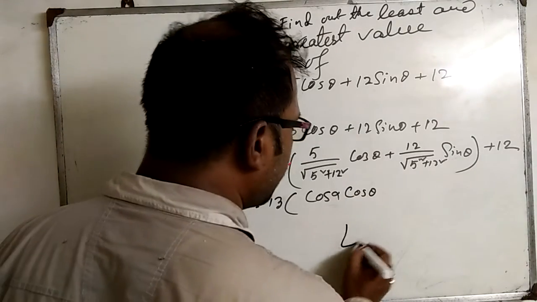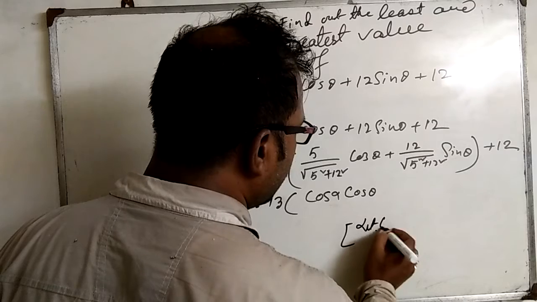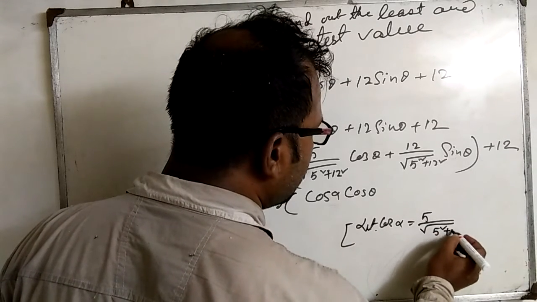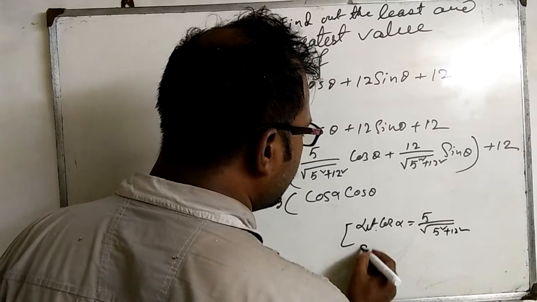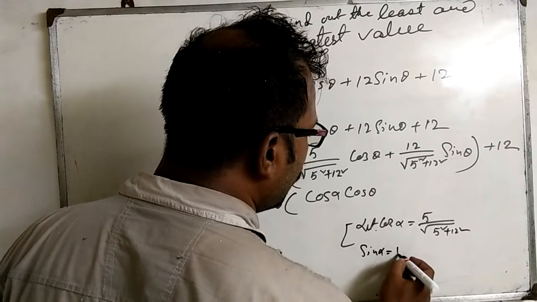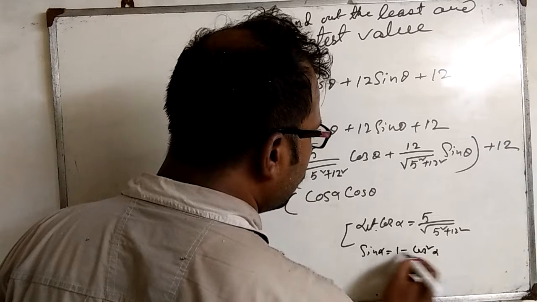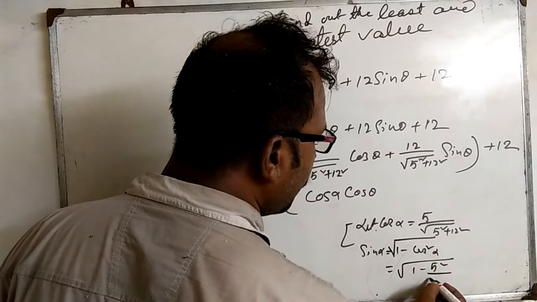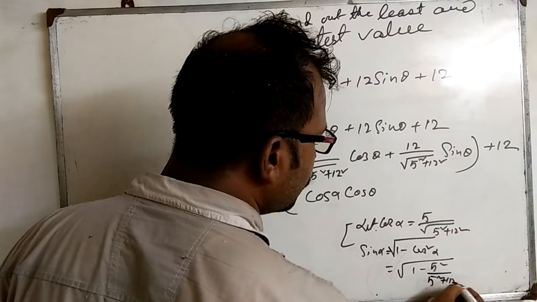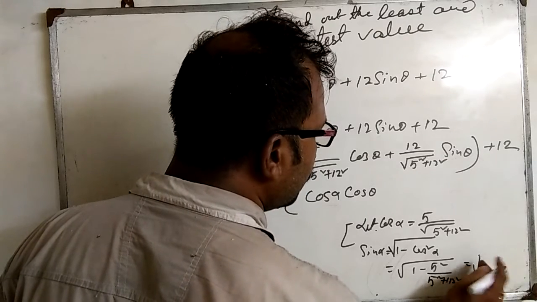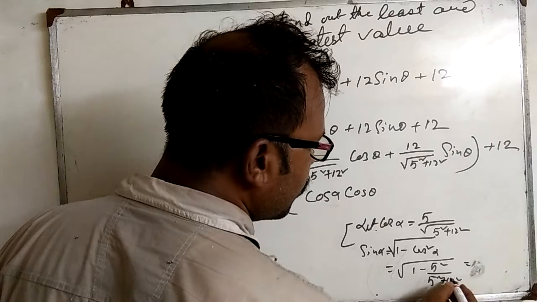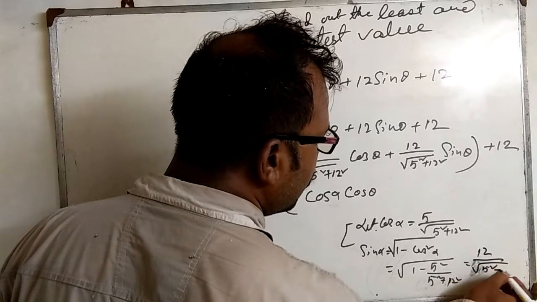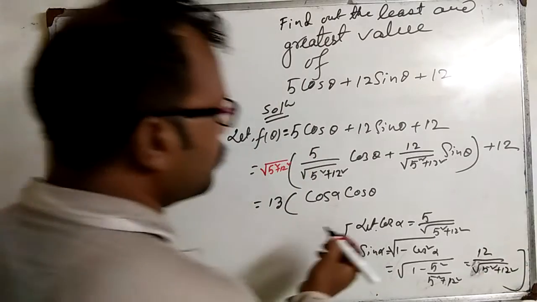If we take, let cos alpha equals to 5 by root over of 5 square plus 12 square, then sin alpha will be root of 1 minus cos square alpha, that is root of 1 minus 5 square by 5 square plus 12 square, and that will be root over 12 square by, that is 12 by root over 5 square plus 12 square.